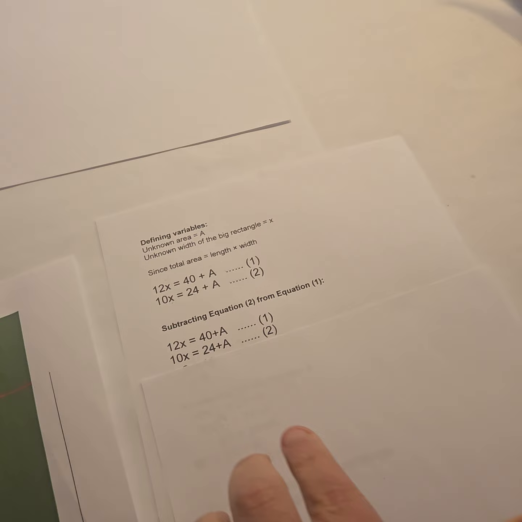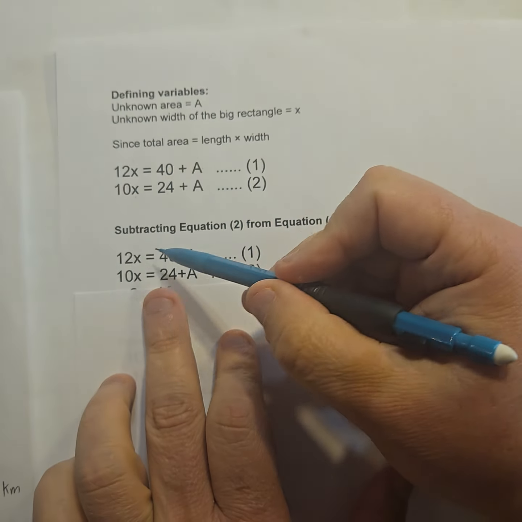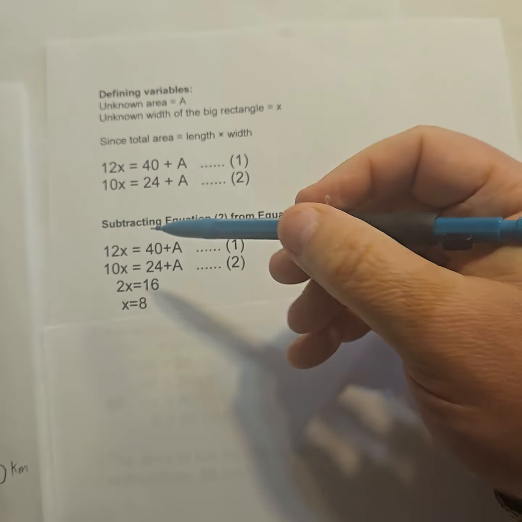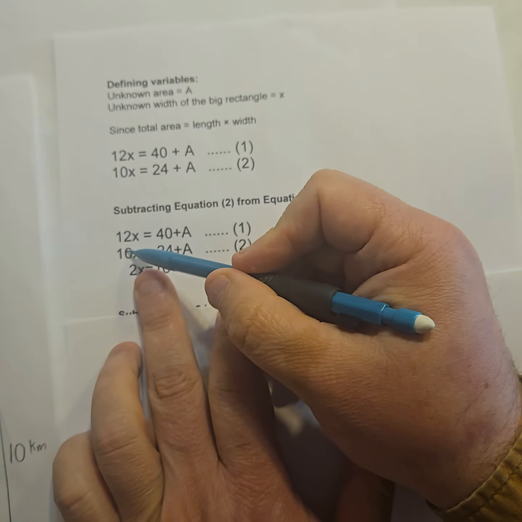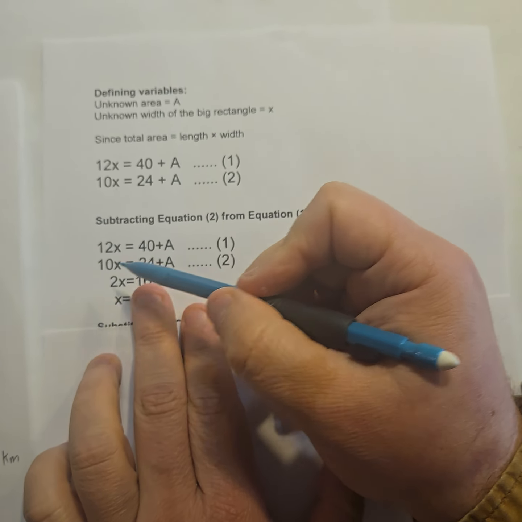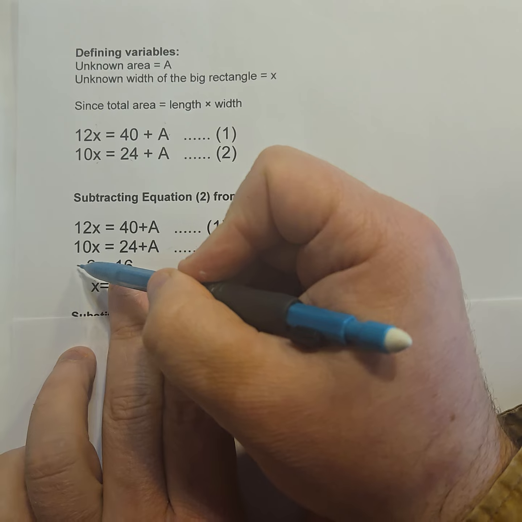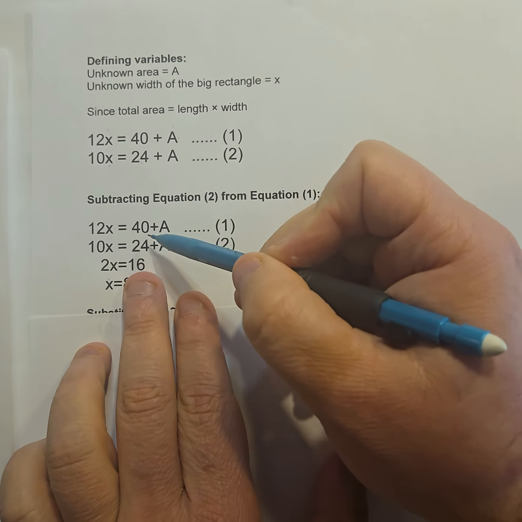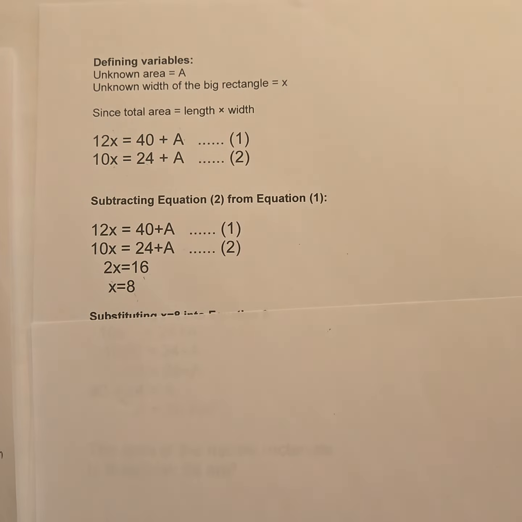It's the same concept here. I've got this equation, left equals right. If I subtract the second line from the first line, I'm subtracting the same amount on each side. Left equals right. Therefore, if I subtract this and I subtract the right side here, it's the same amount, the same concept.